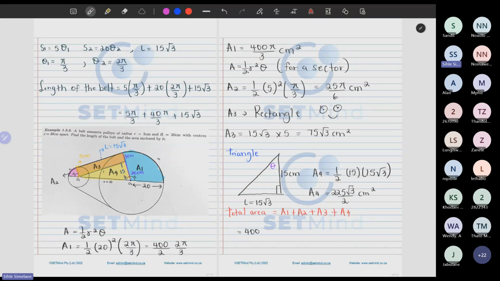That would be 400 pi over 3, plus the other one, 25 pi over 6. The other one here is 75 square root 3. Then what we have is 225 square root 3 over 2. This would be all in centimeters squared.